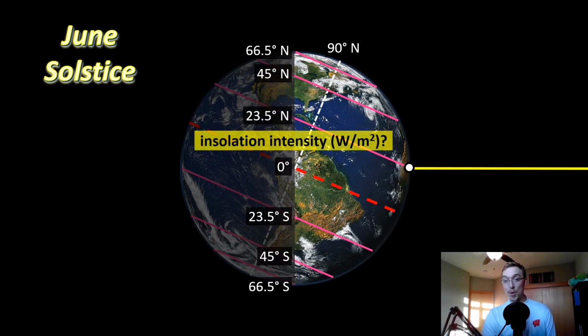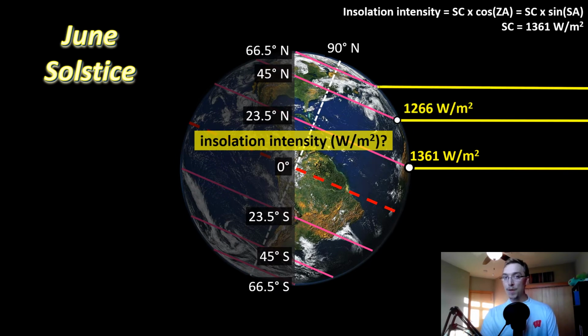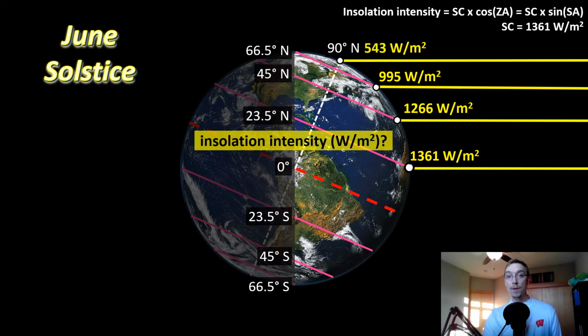So what's the insolation intensity? This exercise should be familiar. There's our equation again. But we don't really have to go through this, do we? Because depending on where the Earth is in its tilt and depending on which hemisphere you're in, on these two points, whether you're in the December solstice or the June solstice, these values should look pretty familiar, right?